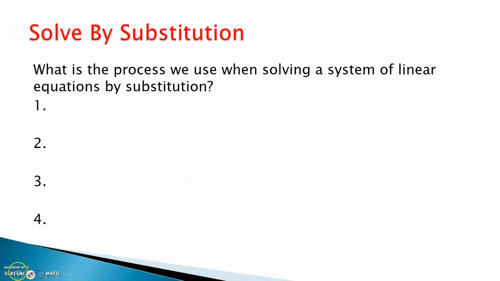All right, so let's move on to substitution. If I want to solve by substitution, number one, you have to isolate a variable. What that means is just get a variable by itself. Once you have that, you're going to substitute into the other equation.